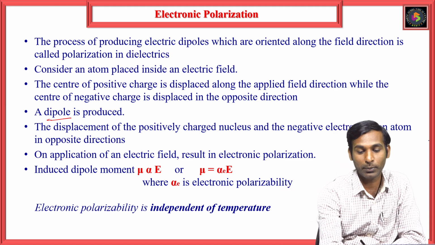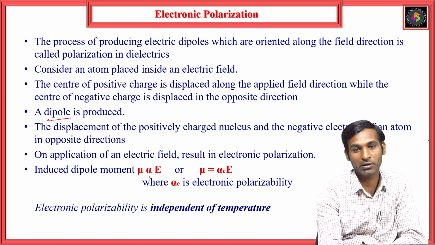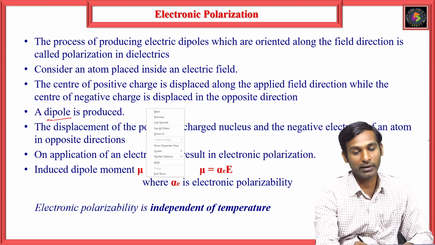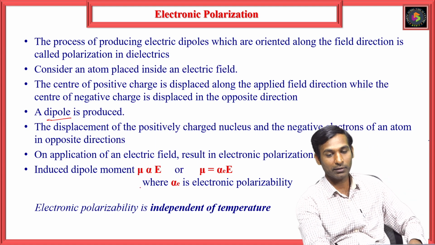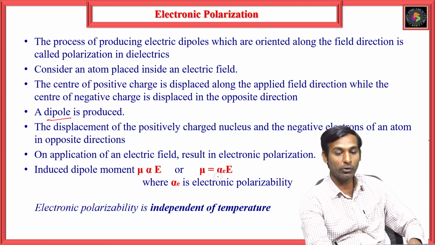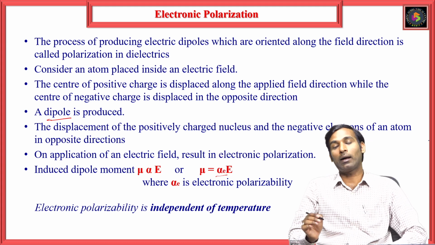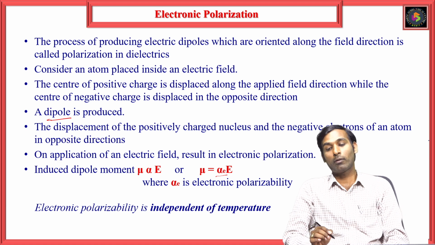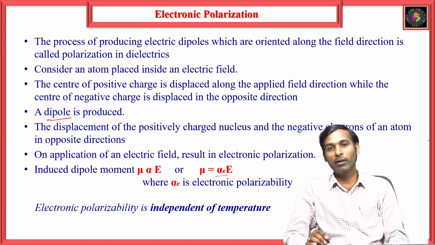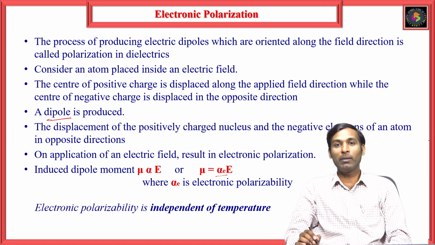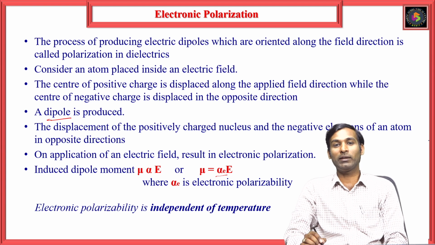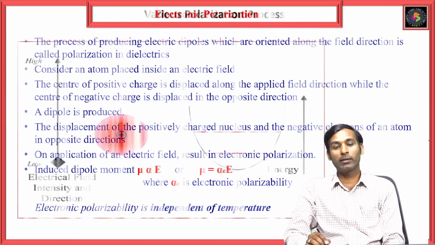Once you remove the directionality factor, we can write a new constant parameter, alpha E. This alpha is called the electronic polarizability. The electronic polarizability is independent of temperature. That is the main point for electronic polarizability.